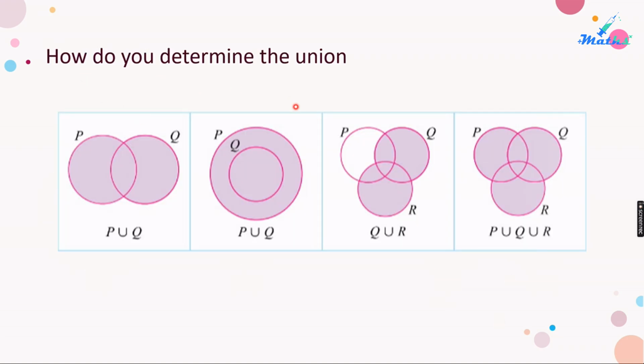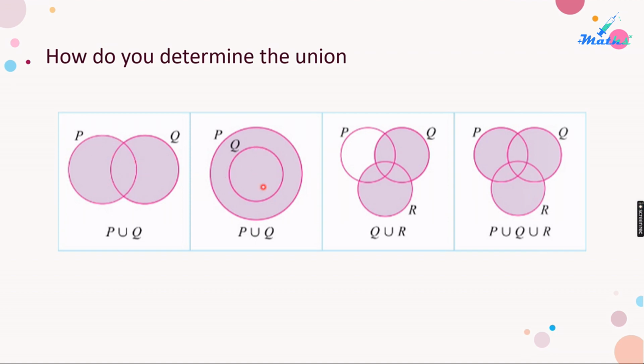How do we determine the union? P U Q means all set P elements and all set Q elements. So we just shade all the elements. P U Q: the Q is inside the P, so it has the same meaning as this.